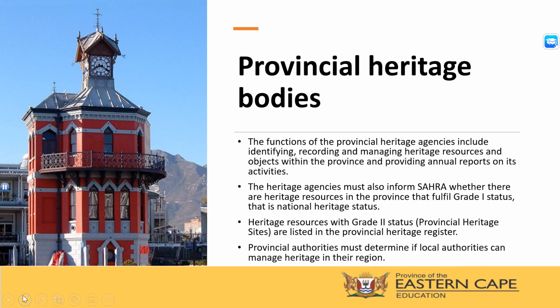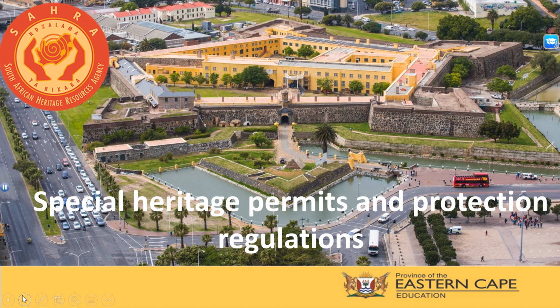Can I just please draw your attention to the image on the left-hand side of your screen? There you have the clock tower in the Cape Town harbour, which was built in 1882 and is definitely part of the national estate. If we then continue, we look at special heritage permits and protection regulations.